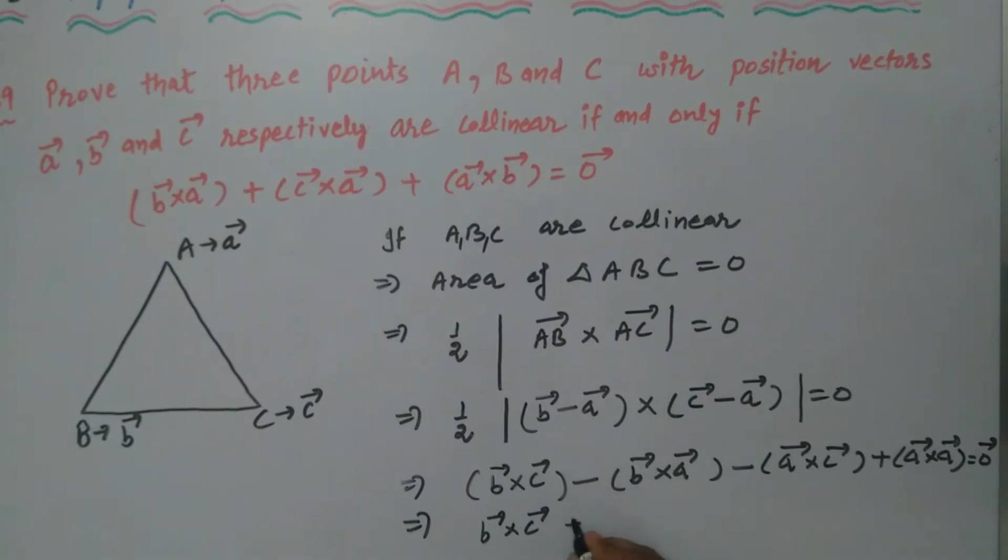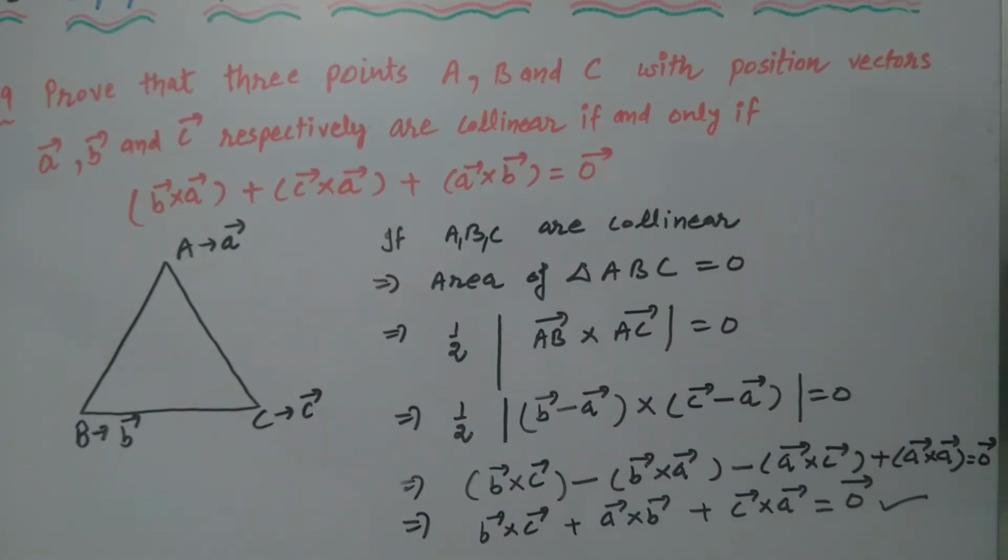This minus becomes plus, and this will be reversed. So c cross a plus a cross b plus b cross c is a 0 vector, right? So this way the question is proved.